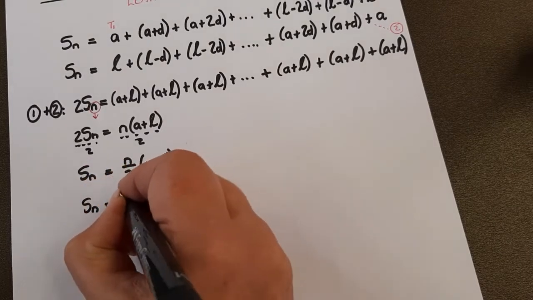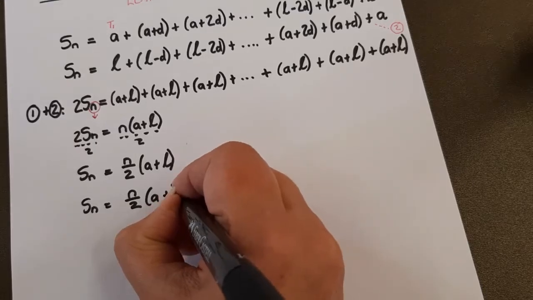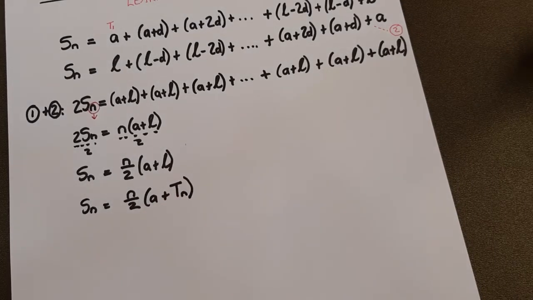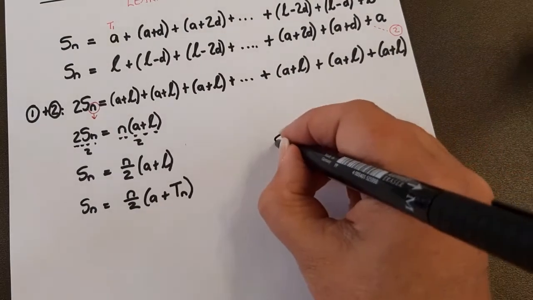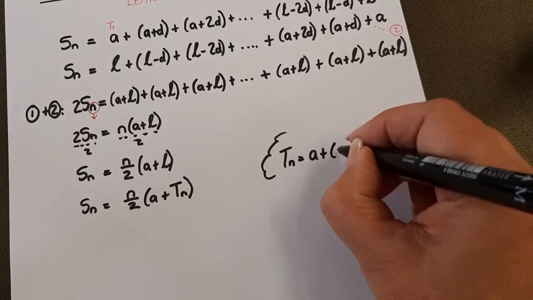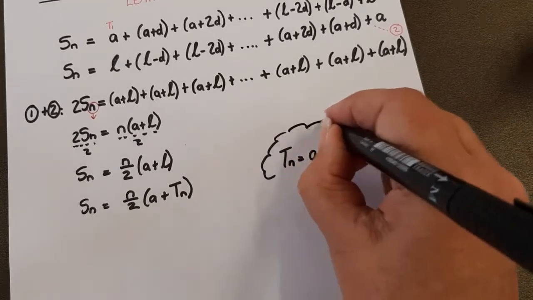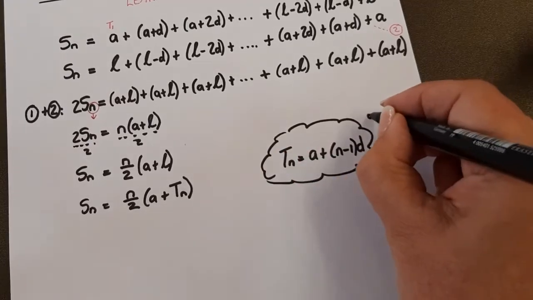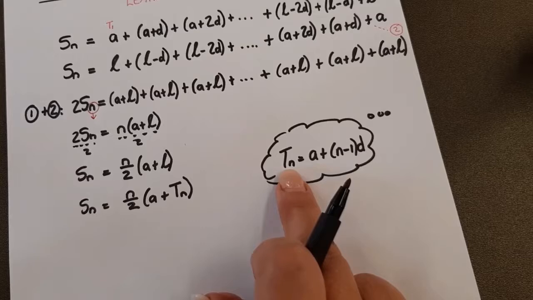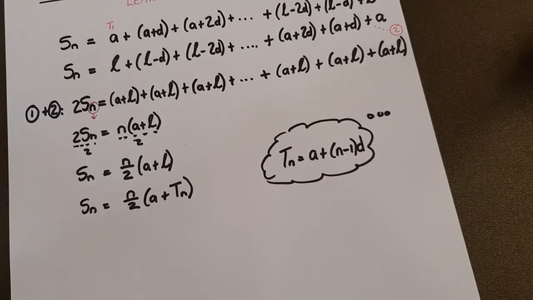So Sn equals n over 2 times (a plus Tn). And we know that Tn equals a plus (n minus 1) times d for an arithmetic sequence. So we're going to substitute the Tn with this part of the formula.